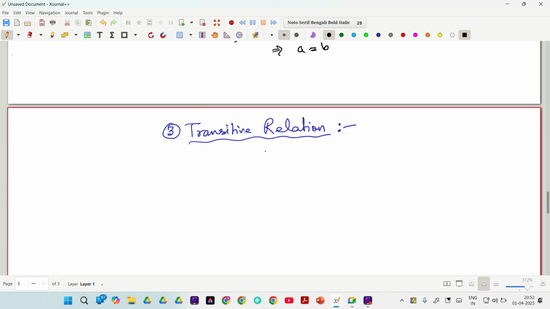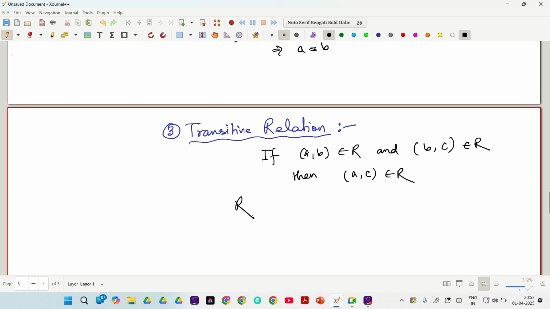The definition is: if (a, b) belongs to R and (b, c) belongs to R, then (a, c) belongs to R, and then R is a transitive relation.